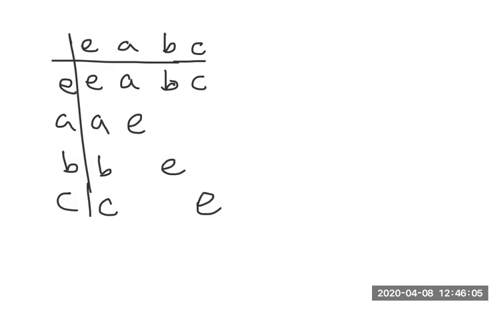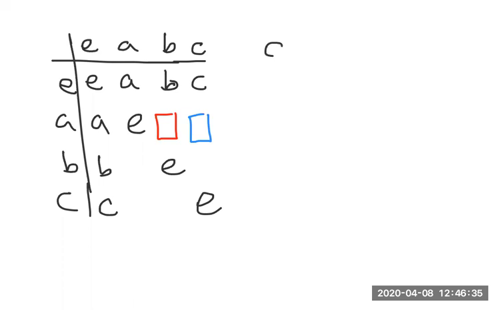C times C is identity. What about the other entries, like these two? The important thing now is that there is no difference between B and C yet. B and C are just two notations. There's a symmetry between them. Instead of B, I can write C, and instead of C, I can write B.